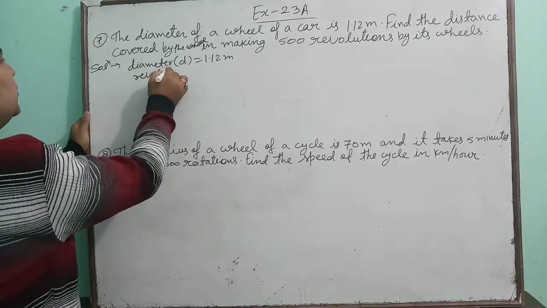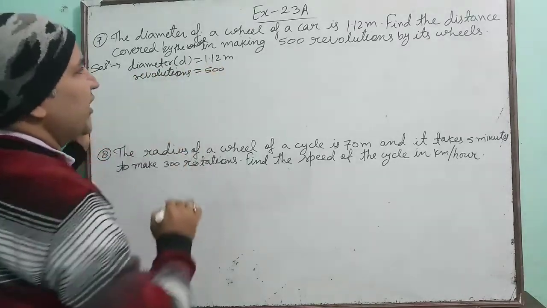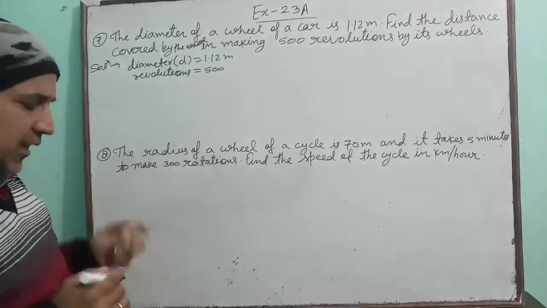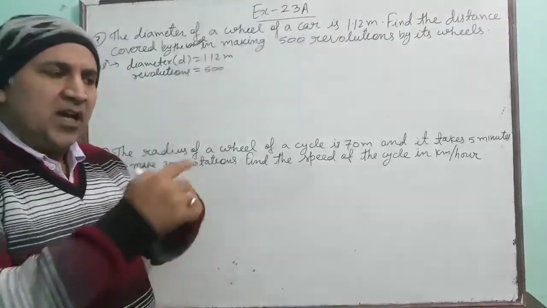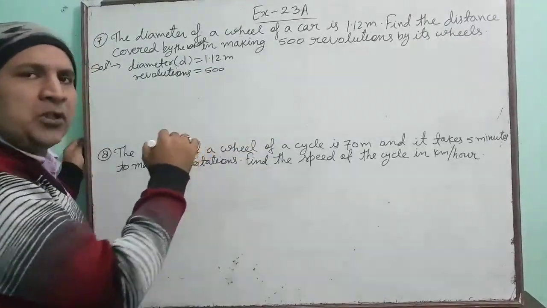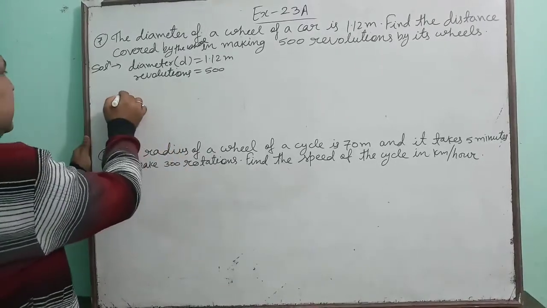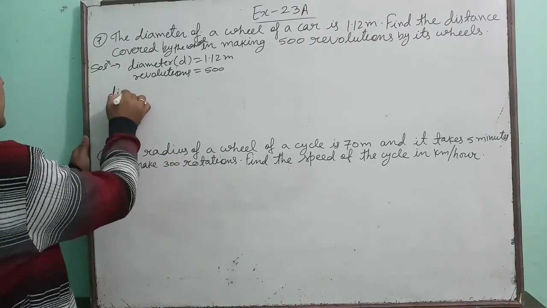How many revolutions? 500. So children, now here you have to remember that when a wheel makes one complete round, the distance covered is equal to its circumference. This is the noted point for you.